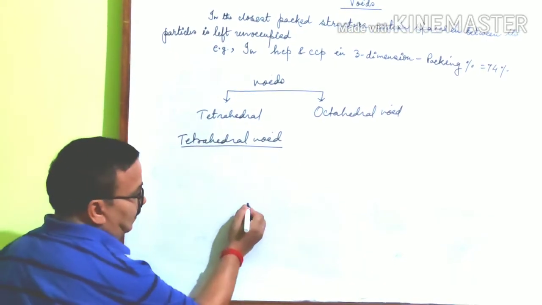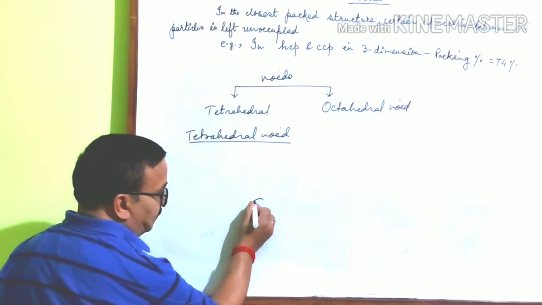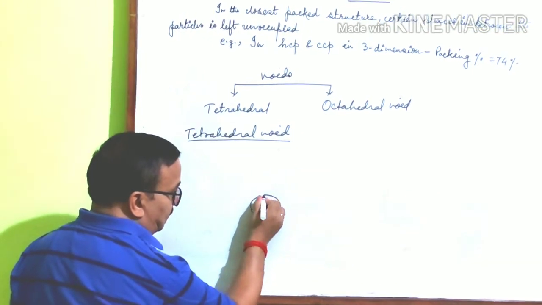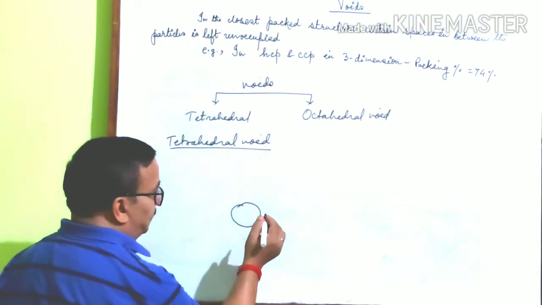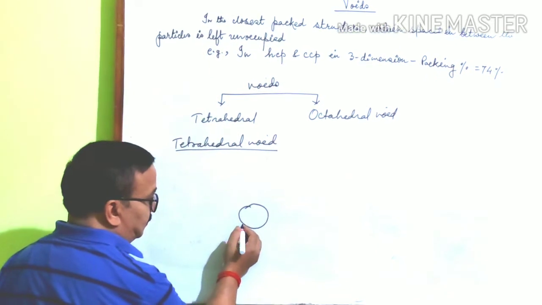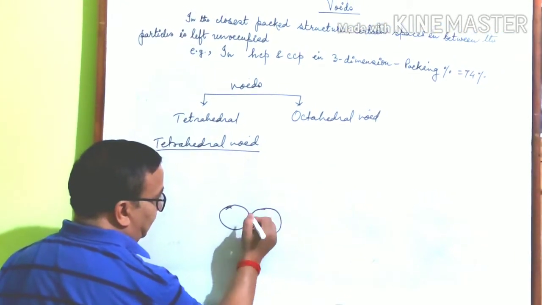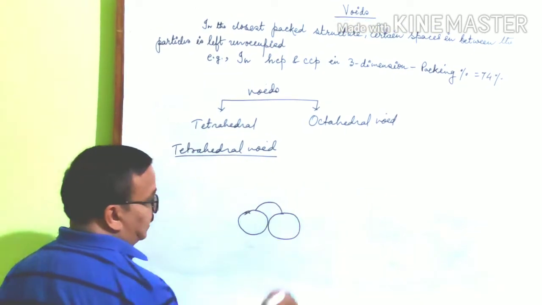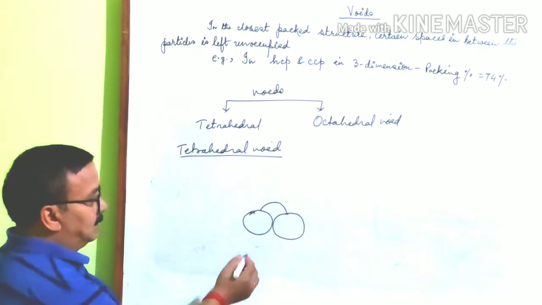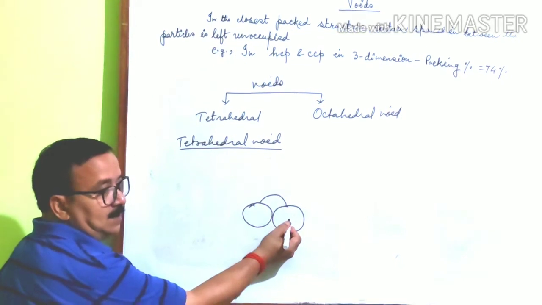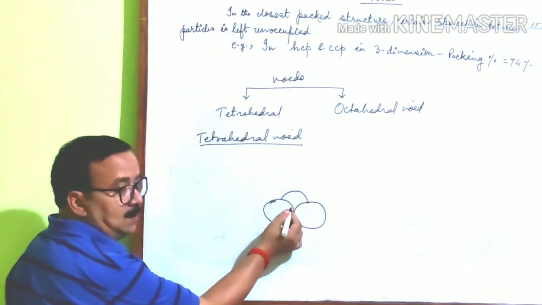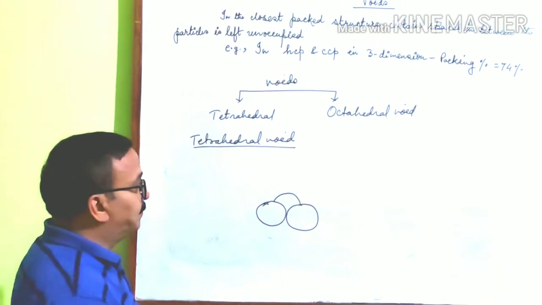Now suppose here these are the 3 atoms present in a layer. These 2 spheres are in front and this one is at the back side.